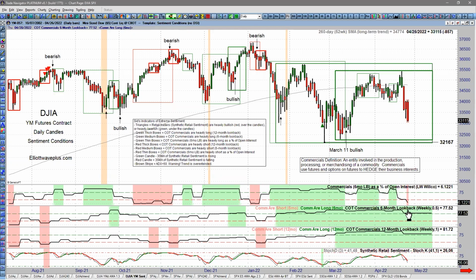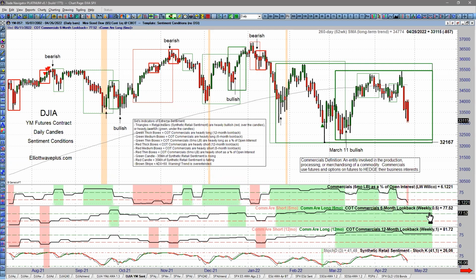And then this indicator here is the 6-month look back on commercials. So it takes the current positioning of commercials, which, as you can see, is a 77.52 reading on that indicator.